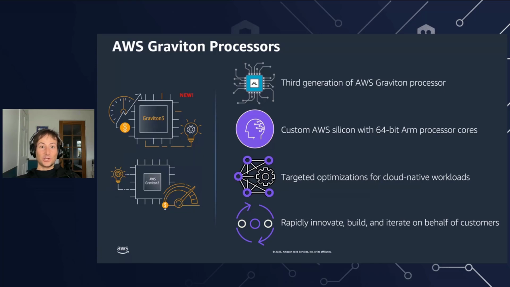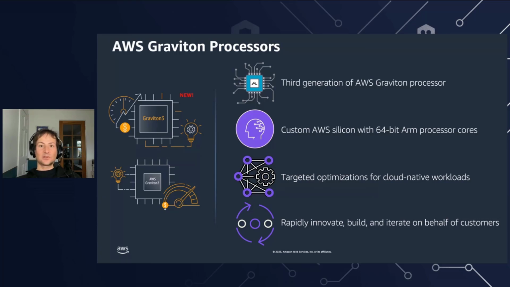The second generation, Graviton 2, is probably the first one that you've been willing to use in production. It's available now in almost every possible AWS region. Those instances are called, for example, C6G, M6G, and R6G.